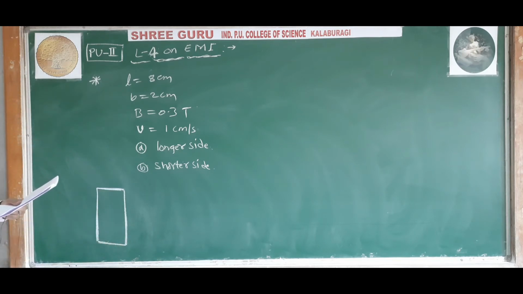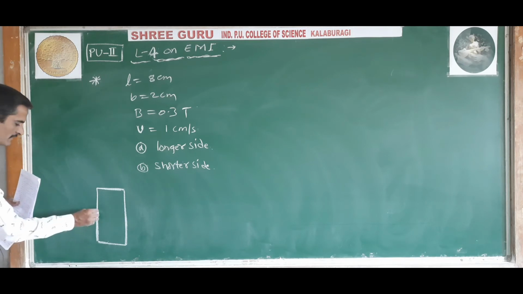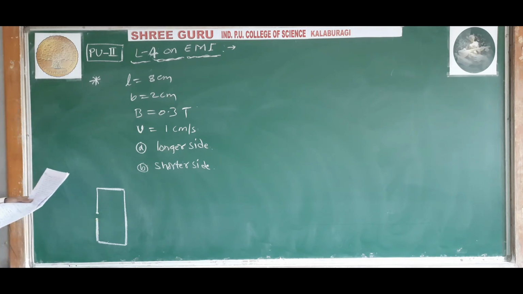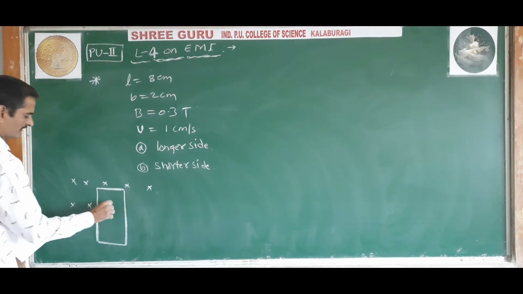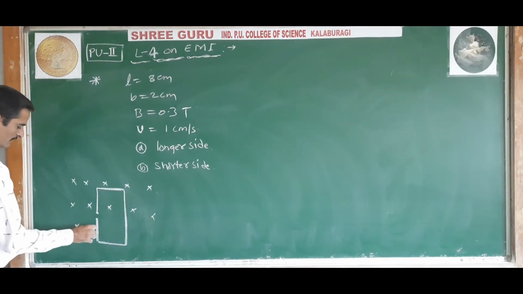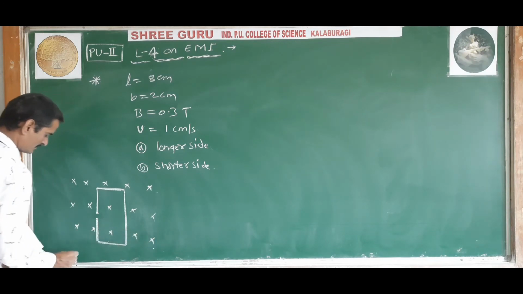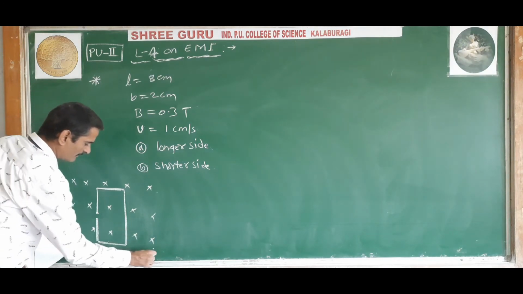A small cut is there. It is moving out of a region of uniform magnetic field of magnitude 0.3 Tesla, directed normal to the loop.